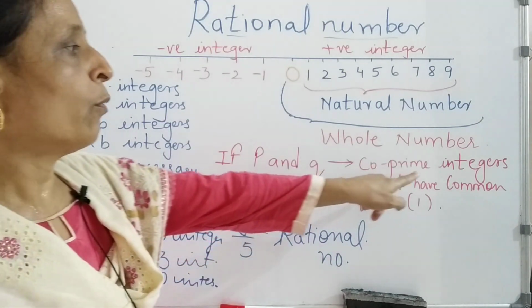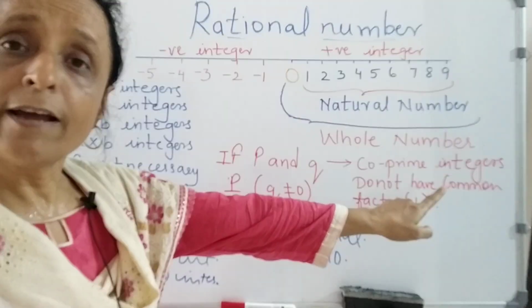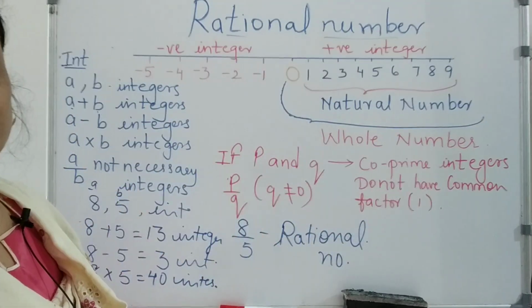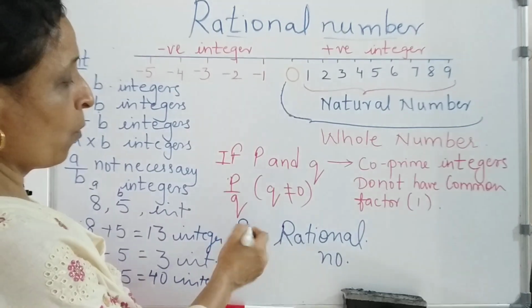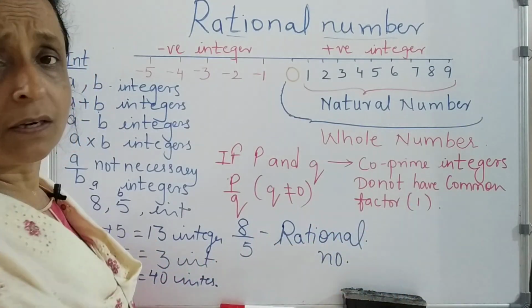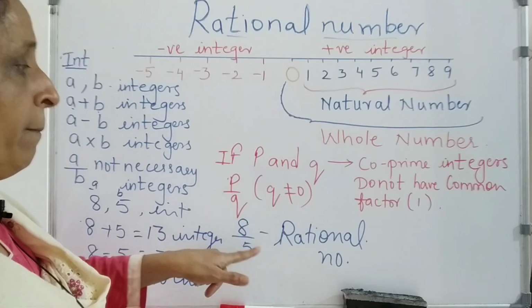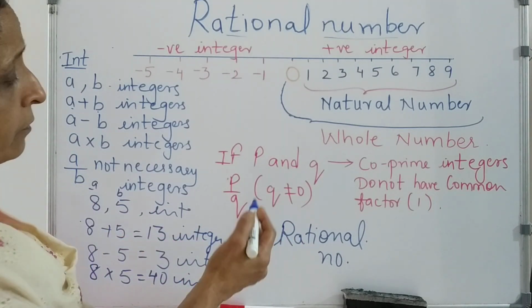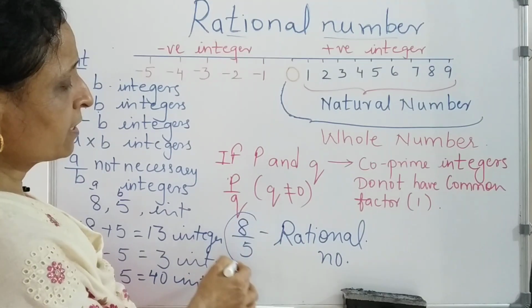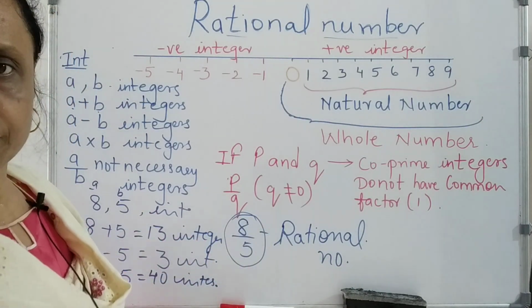So they are co-prime integers. They do not have any common factor except 1. If 1 is a common factor, it wouldn't matter. It would still remain a rational number. So this is the standard rational number.